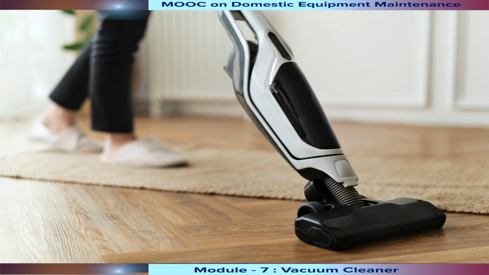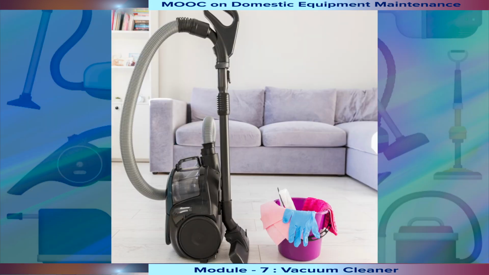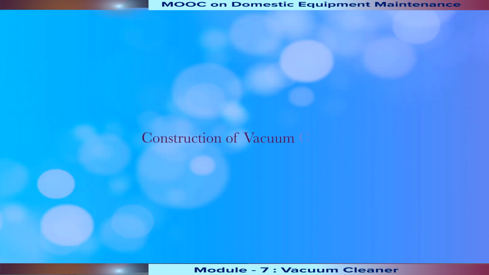Vacuum cleaners operate on the principle of creating a partial vacuum or suction to draw the air and the particles it contains. This air, along with the collected debris, is often filtered and expelled, leaving the clean surface free from dirt. Dear learner, now let us discuss the construction of vacuum cleaner.